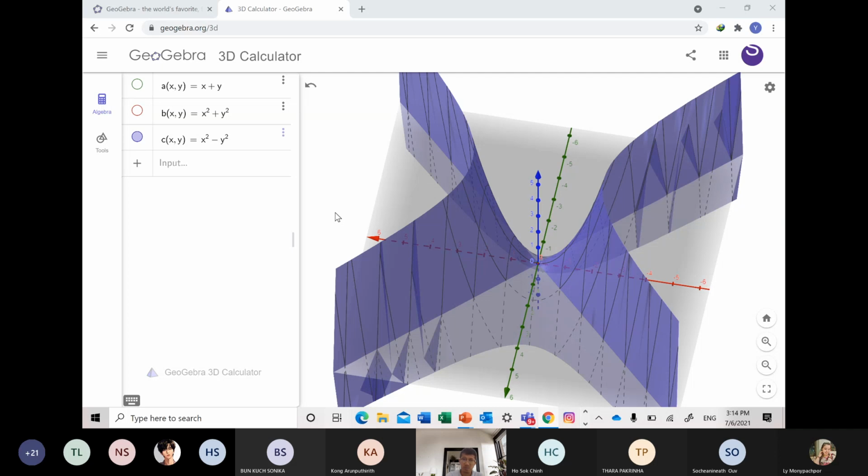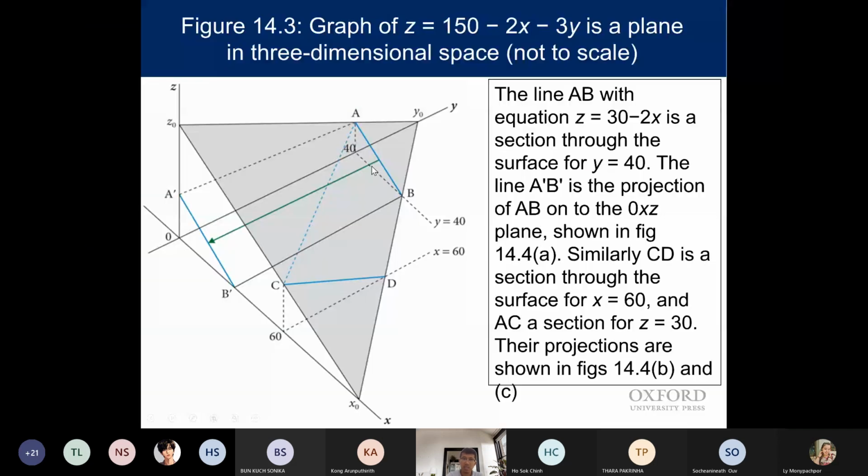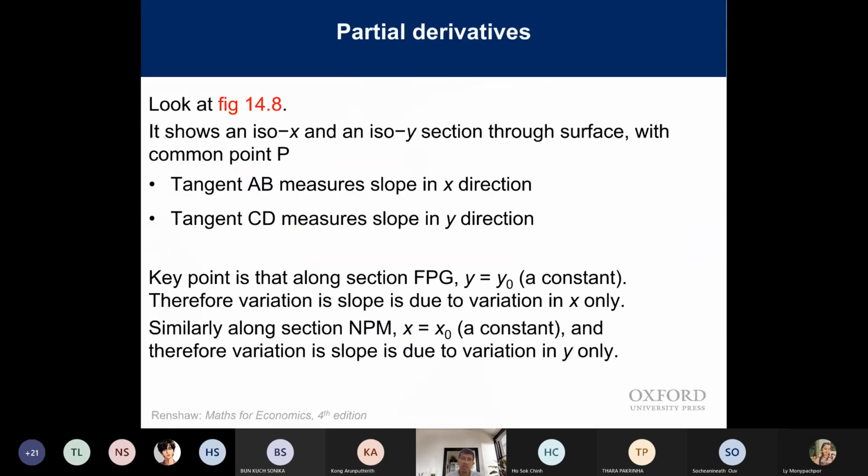So if you look back at the lecture slide, sometimes we are just interested in one particular direction.